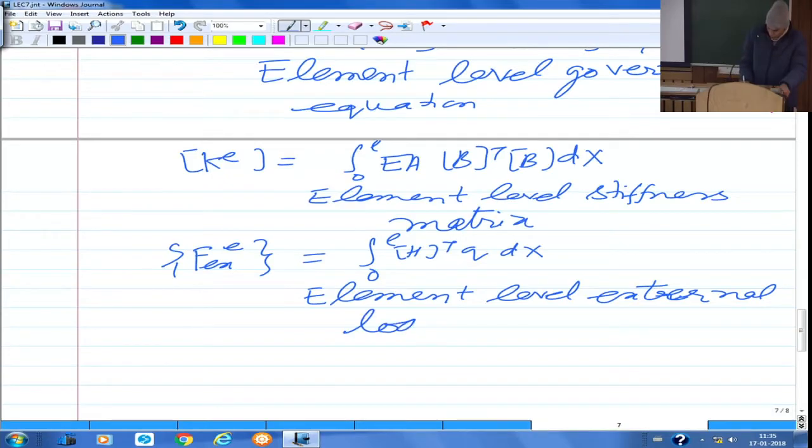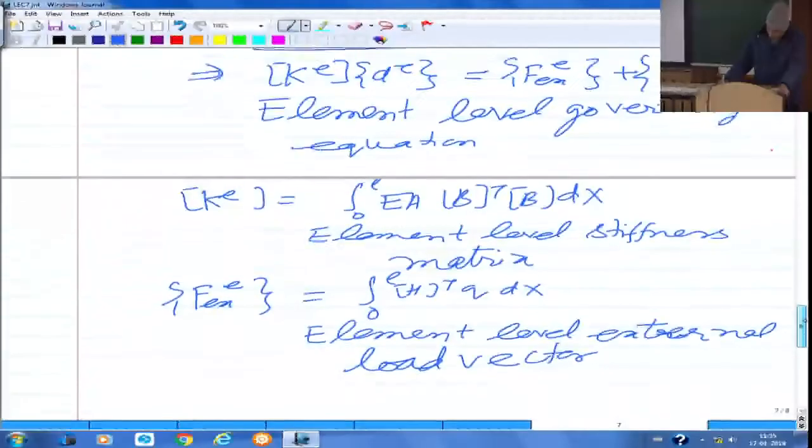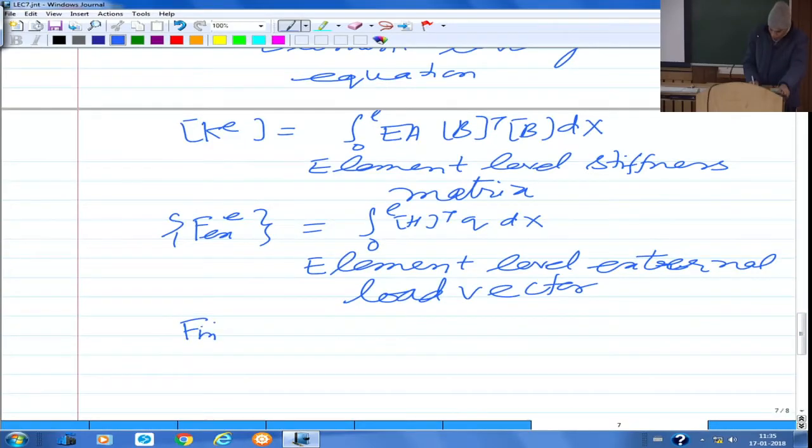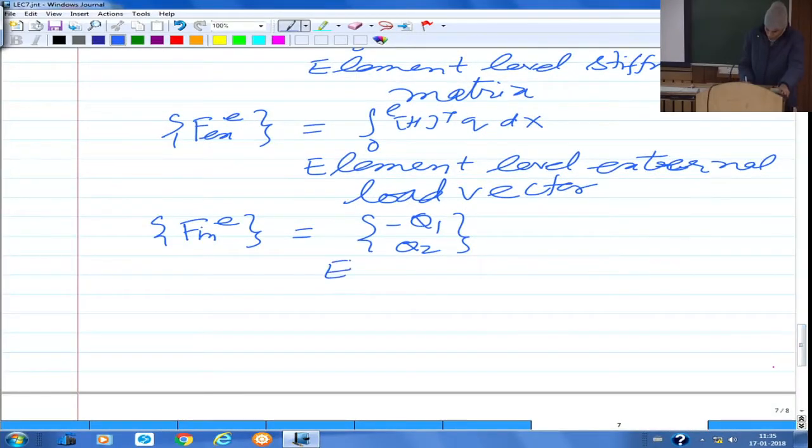I am introducing all the terminologies. The third term here is F internal for the element, which is essentially minus Q1 and plus Q2, and this is referred to as the element level internal load vector.